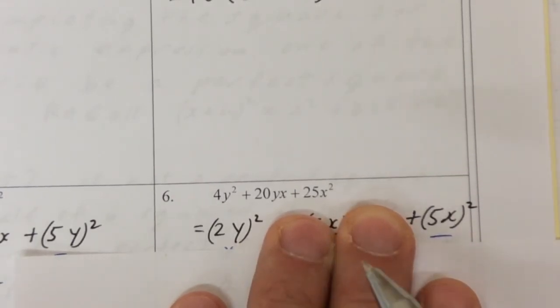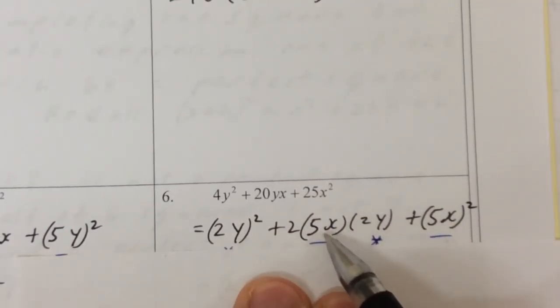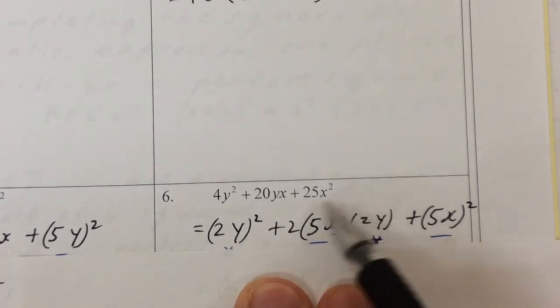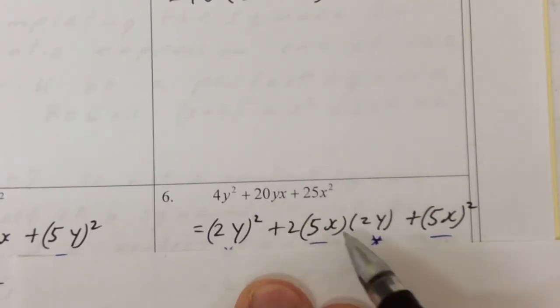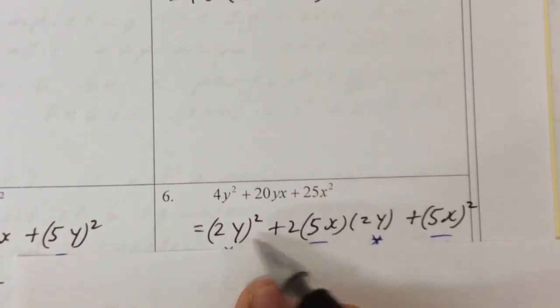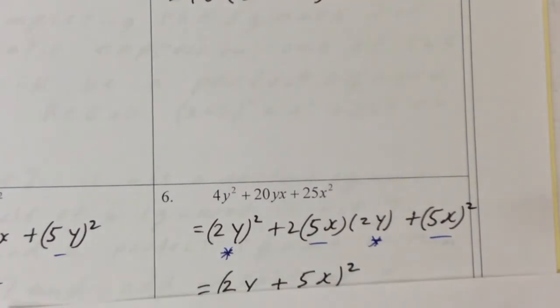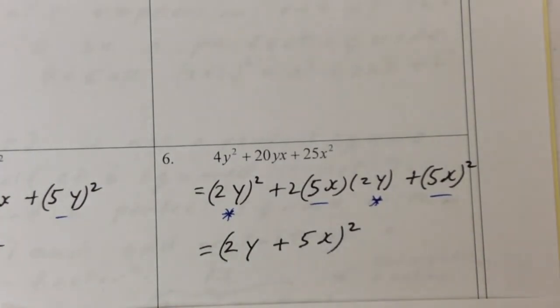And then we need to double it. So the 2y is there, the 5x is there. Double it. Is this true? 2 times 5 times 2 is 20. x times y is xy. So this equality here is true. So now we can factor it to that. And that's it for perfect square.